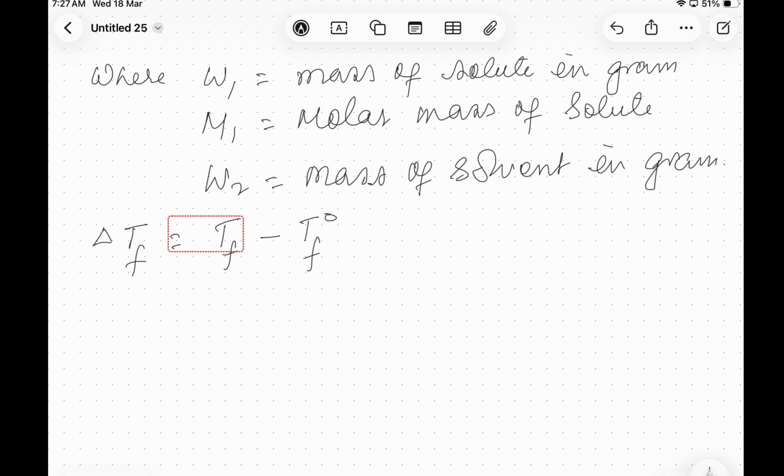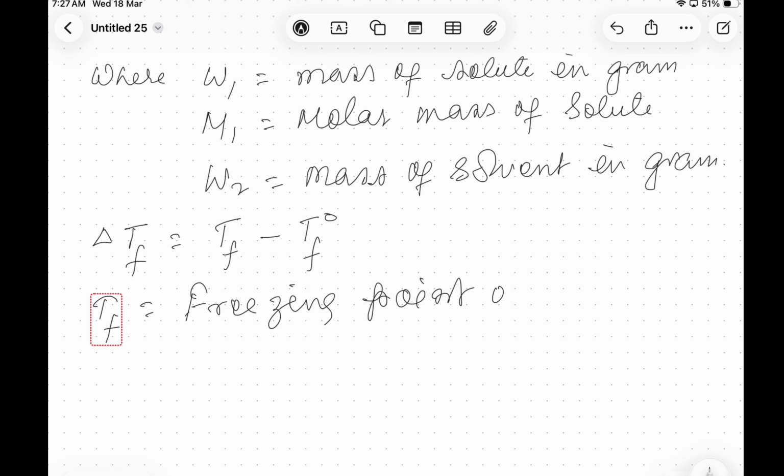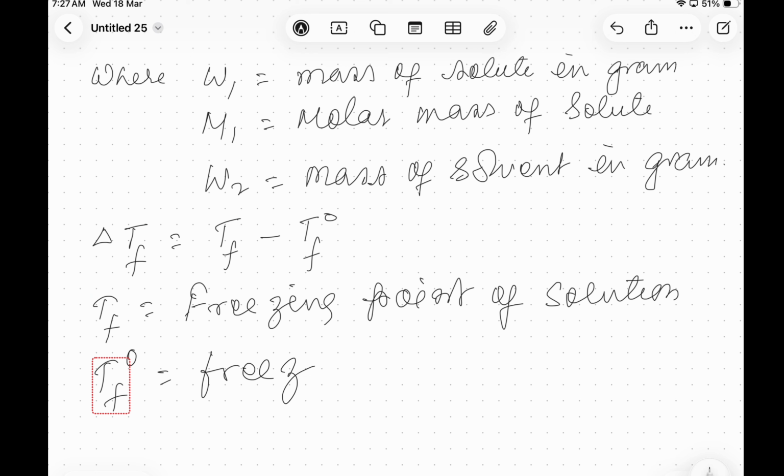So TF is the freezing point of solution, and TF naught is the freezing point of pure solvent.